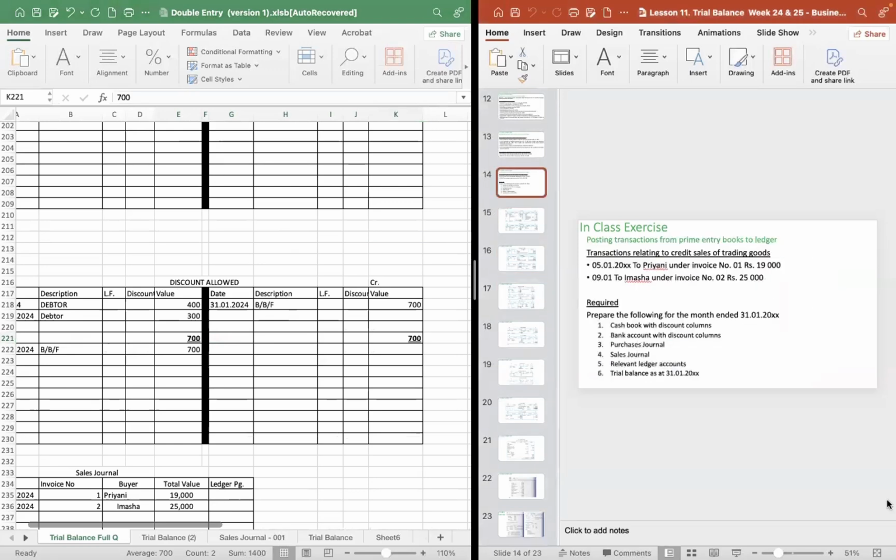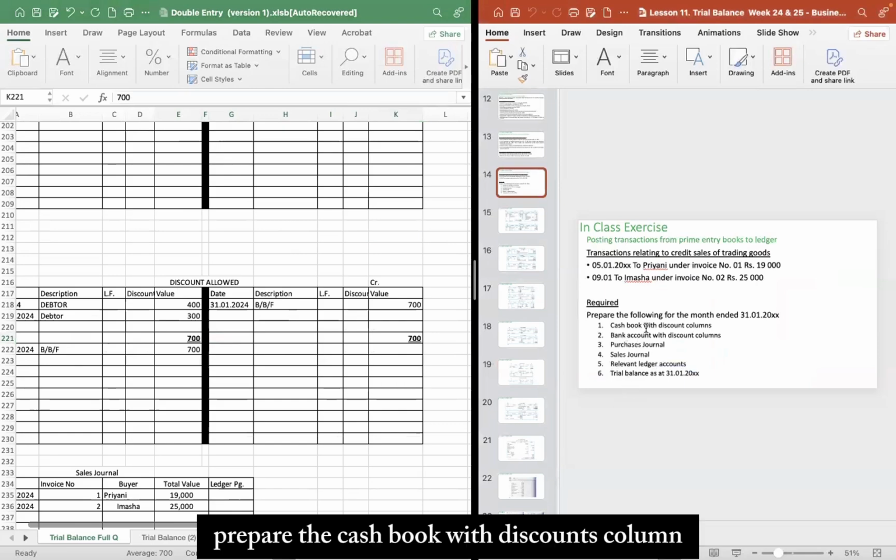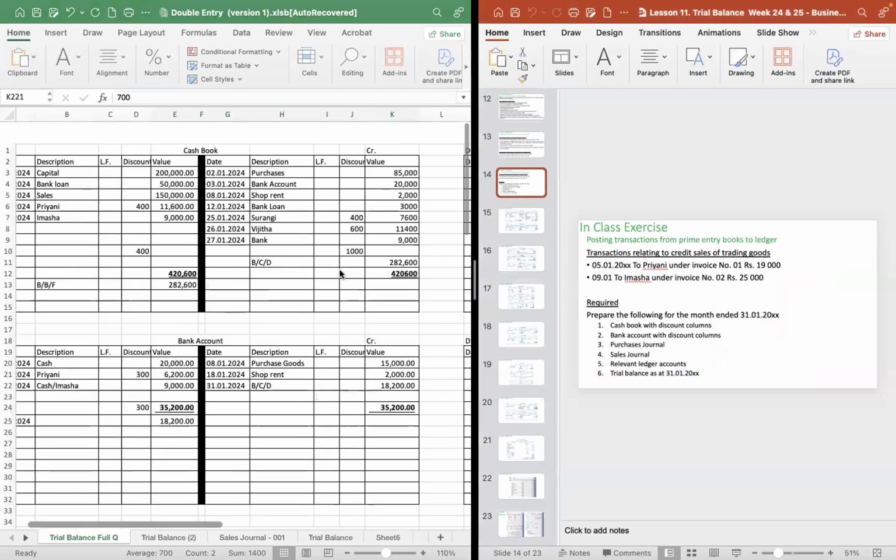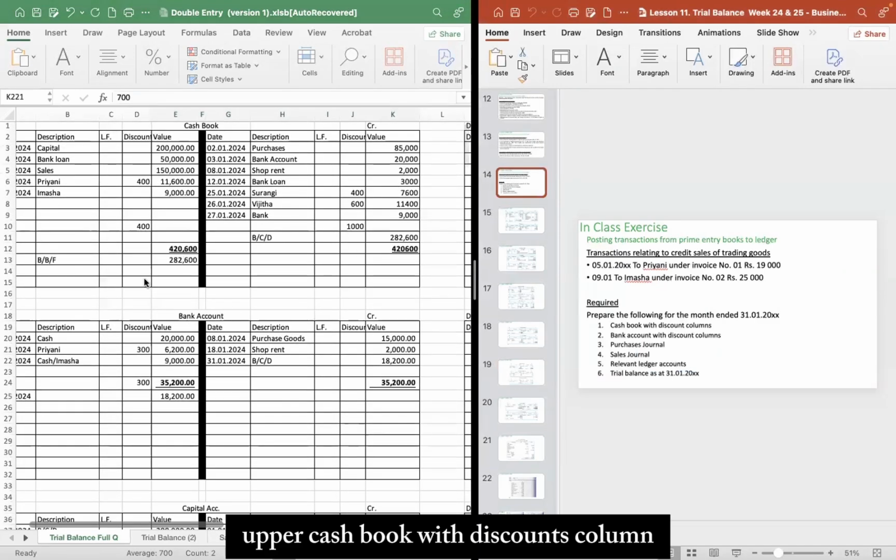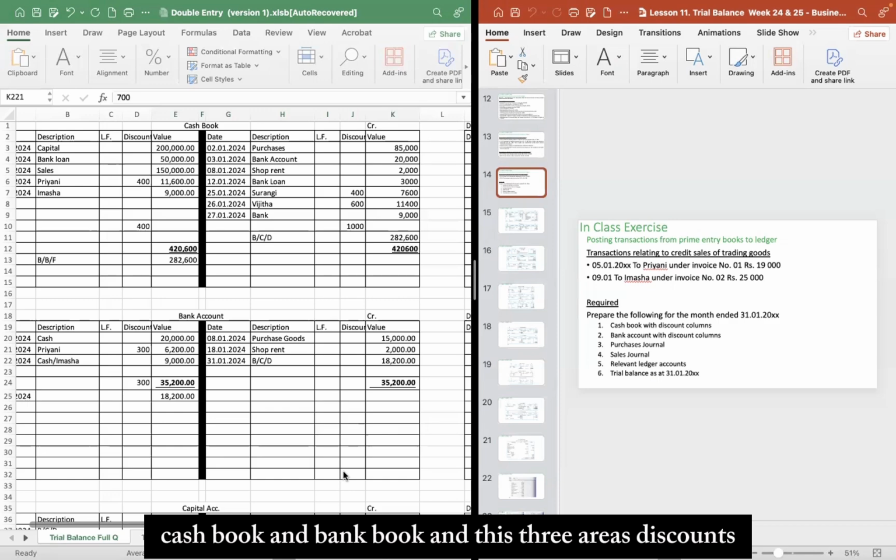දැන් අපි යමු question එකට. So we were asked to prepare the cash book with discounts column. We did it. Okay. අපි cash book with discounts column එක හැදුවා. bank account with discounts column අපි හැදුවා. එතකොට අපි මේ question එකෙන් cover two areas, cash book and bank book and three areas discounts.